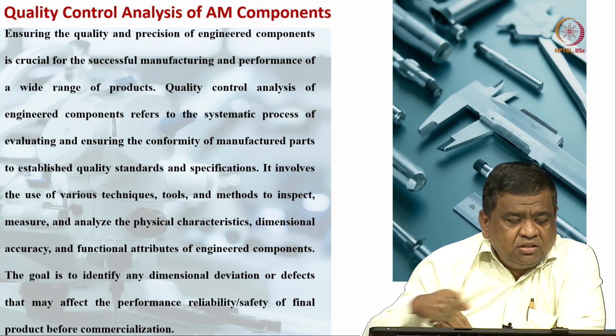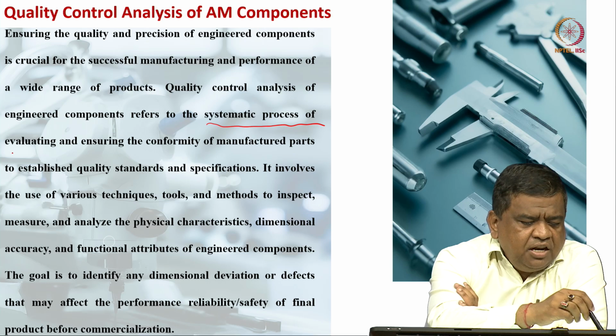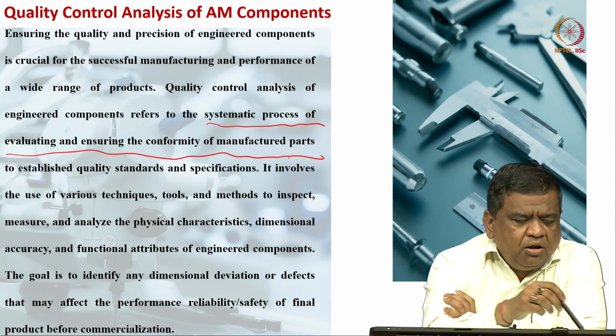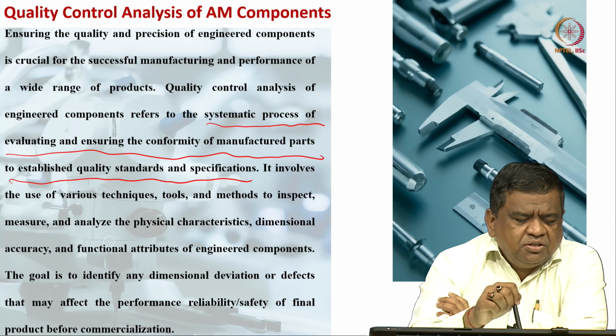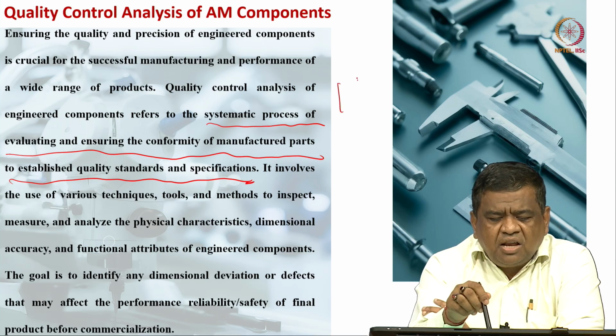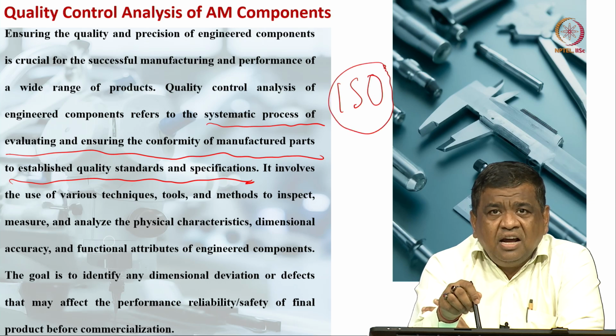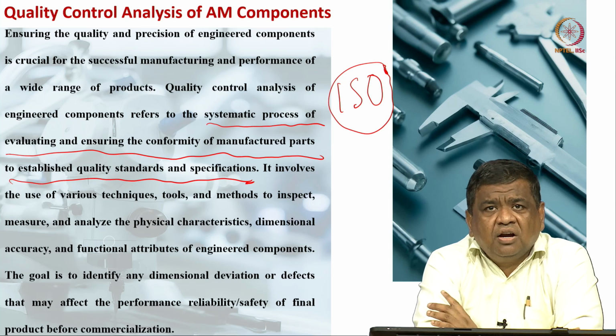This is what has been mentioned in this slide: quality control in engineering components refers to the systematic process of evaluating and ensuring the conformity of the manufactured parts or components to the established quality standards and specifications. Many times these standards are ISO guidelines, and ISO has several hundreds and thousands of guidelines.